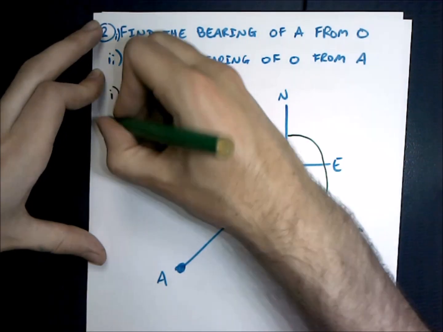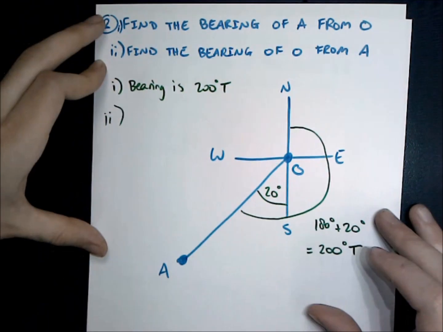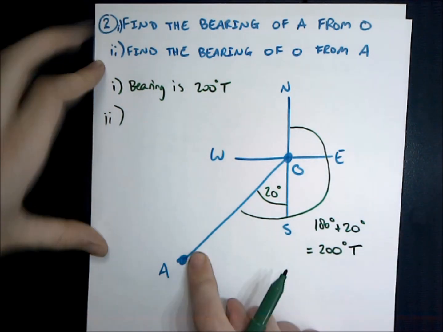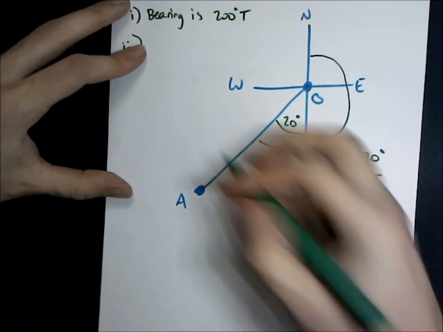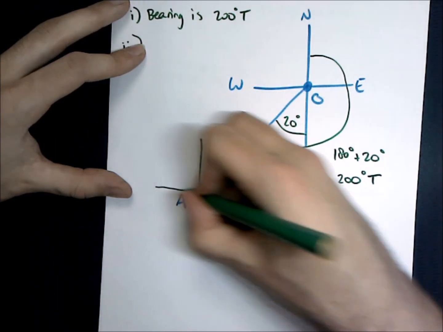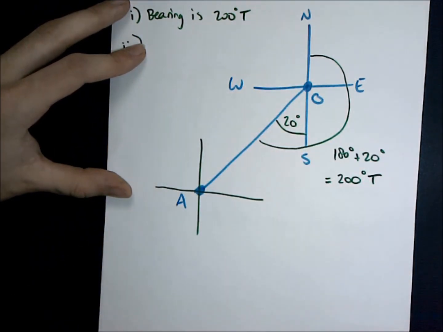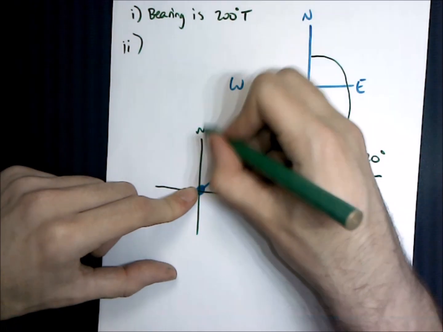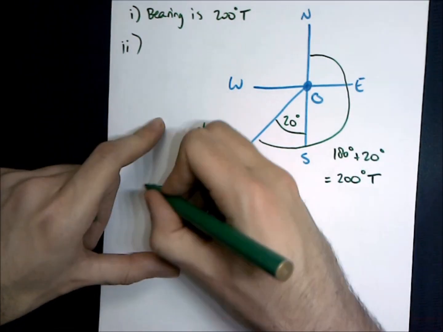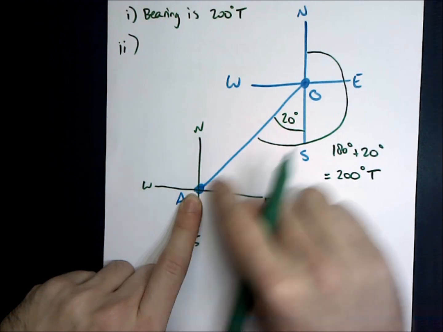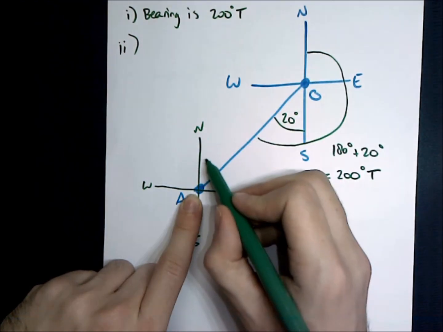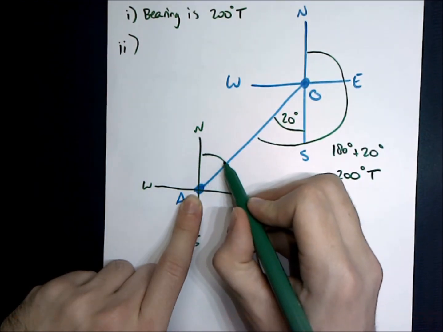Alright, for this one, we're starting at A and we want to go back to O. So what I need to do first is draw in my north, south, east, and west. I'm starting here. I want the angle that I need to face in order to travel in this direction. So it's the angle from north going clockwise, just from here to here.